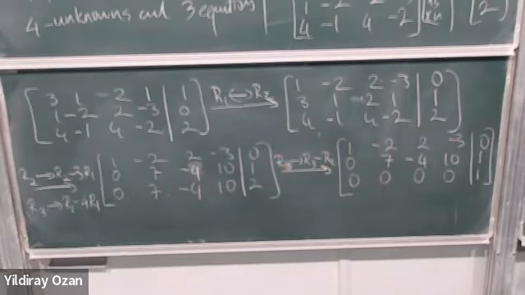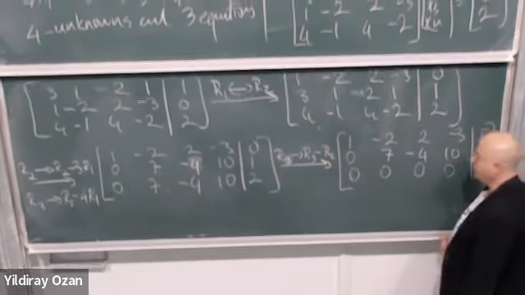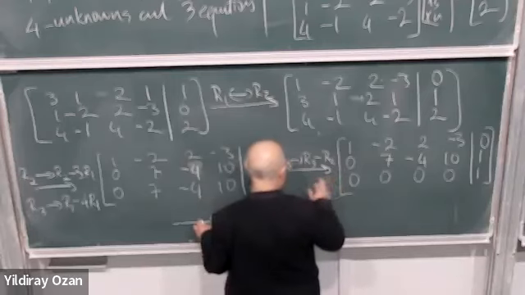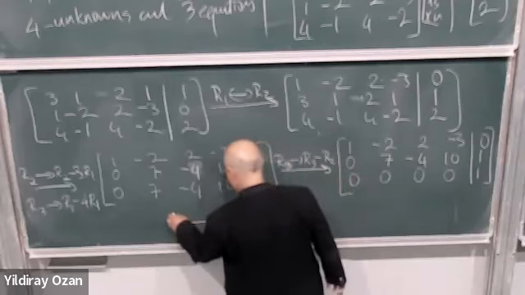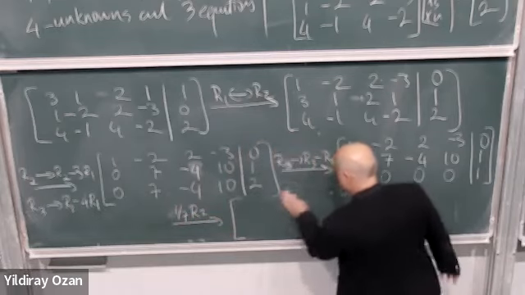Okay. And then if you want, you can divide this by 7. Right? You can maybe divide by 7. So 1/7 times 2, and you get what?